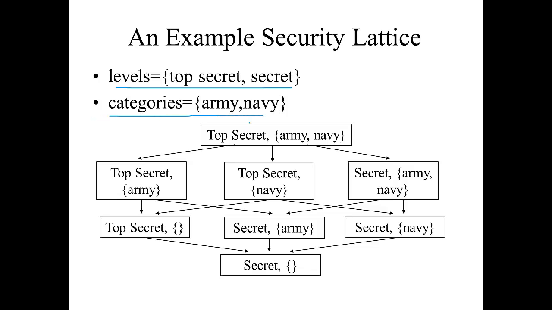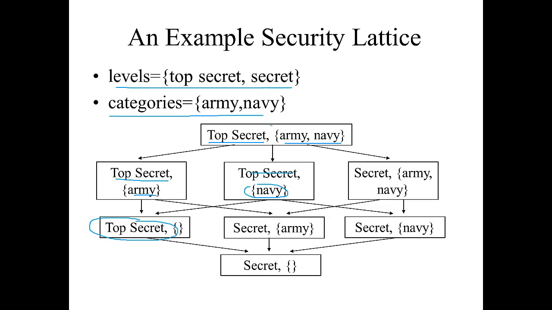First, we write the top level with category. For example, this top security and its category is Army and Navy. Then we get the lower level with category. That's top security with Army. Also, we get the lower level top security Navy. Based on these two, we get top security without any label.